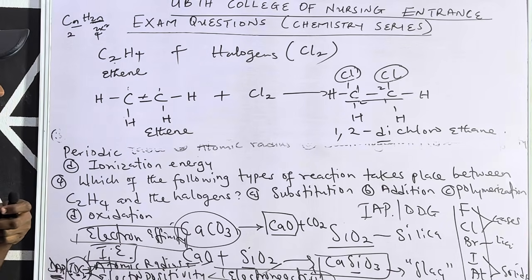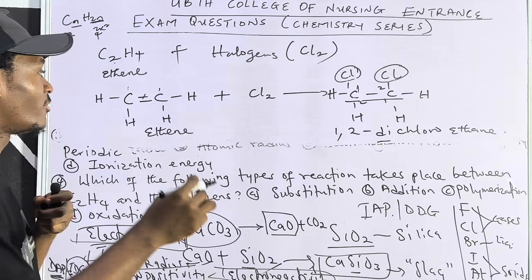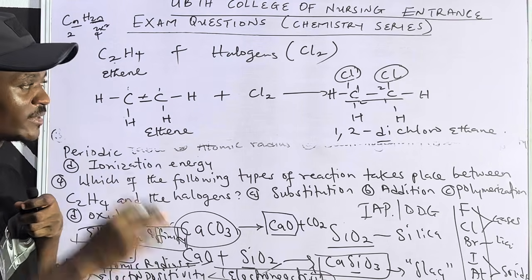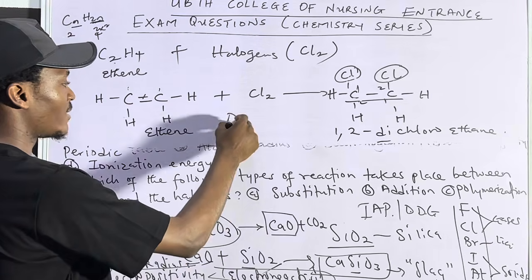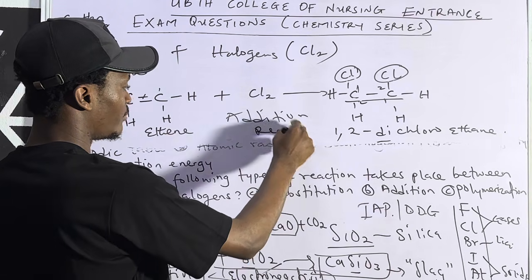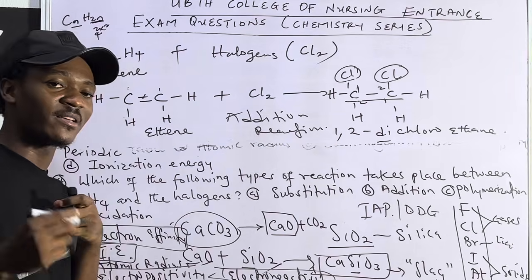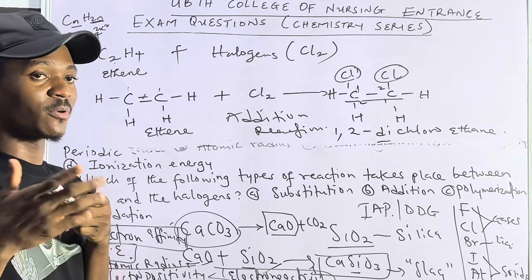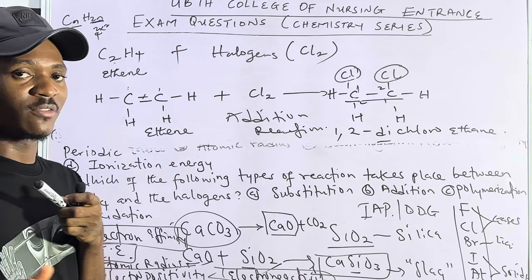What we should be focused on is that there was the involvement of bond breakage. Since there is an involvement of bond breakage, then certainly it is an addition reaction. Bonds were broken. That's how you can easily recognize an addition reaction. Most times addition reaction involves bond breakage. Substitution does not involve any bond breakage.